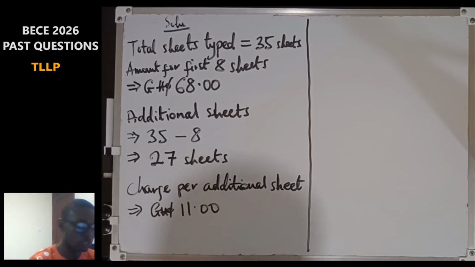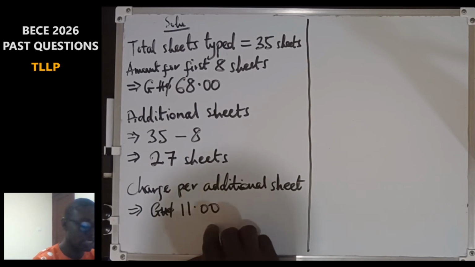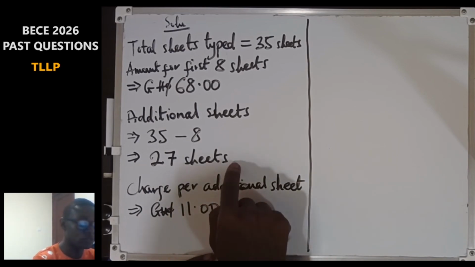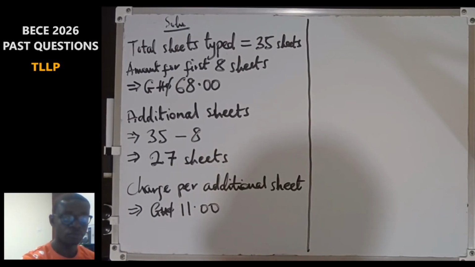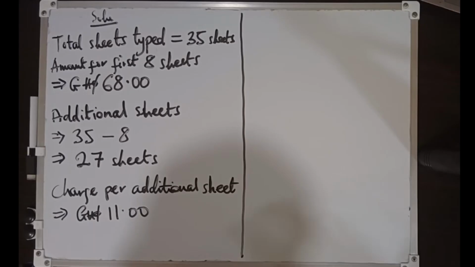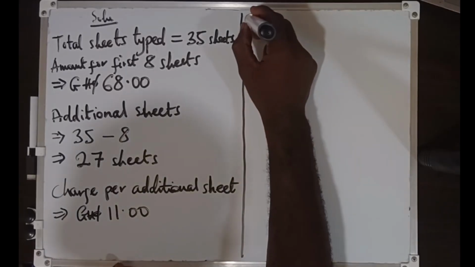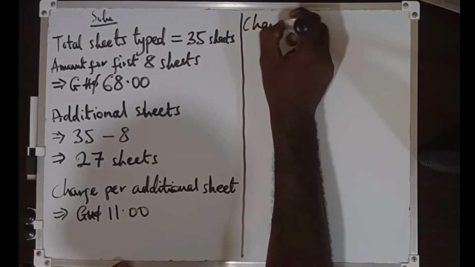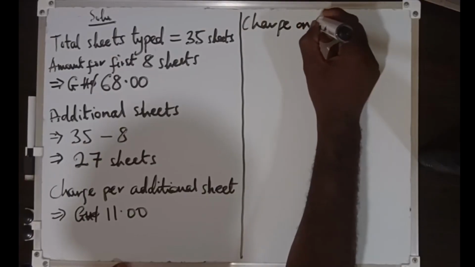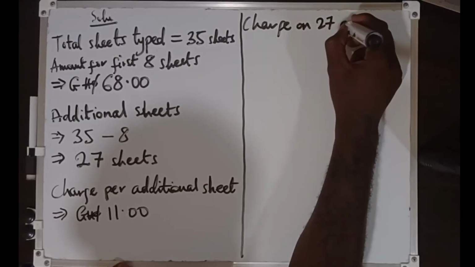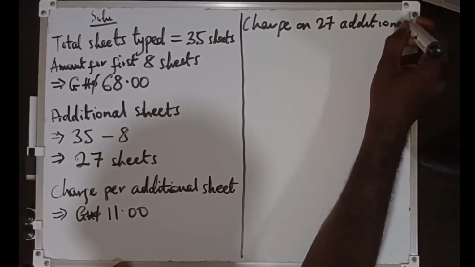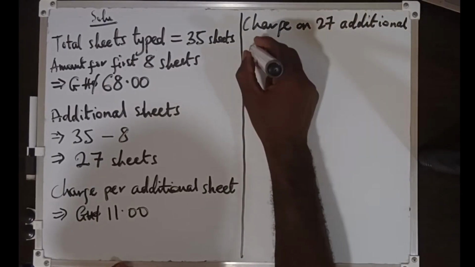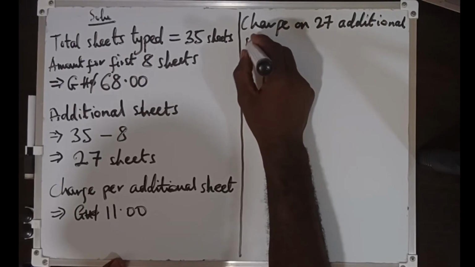So if you want to know the total charge on the 27 additional sheets, so total charge on 27 additional sheets.